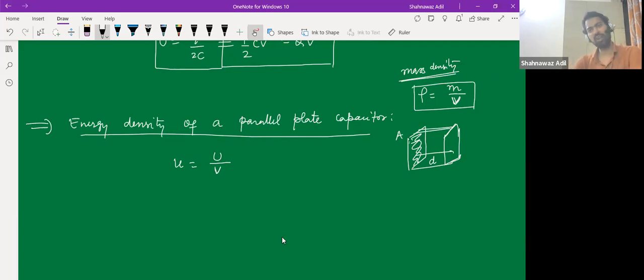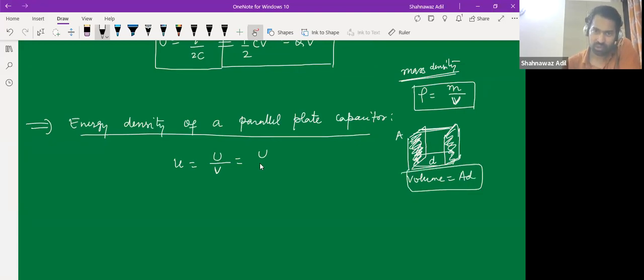For mass density it will be M by V. I'm asking what would be this volume, if you have this area and then this distance D between them? A into D, right? Good. So this is U by A into D.